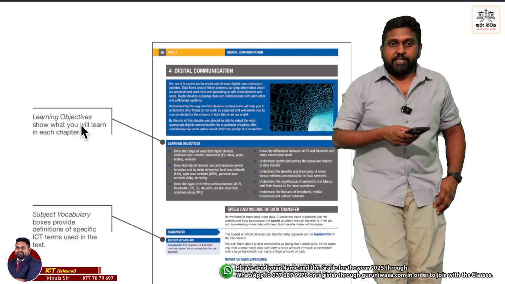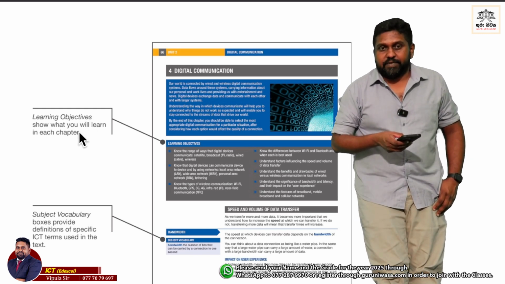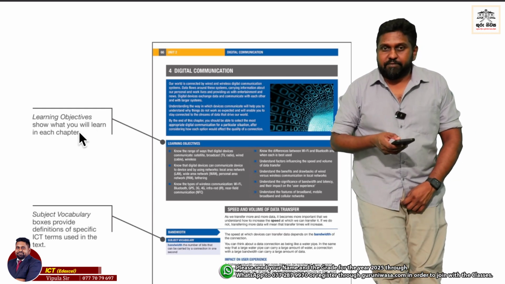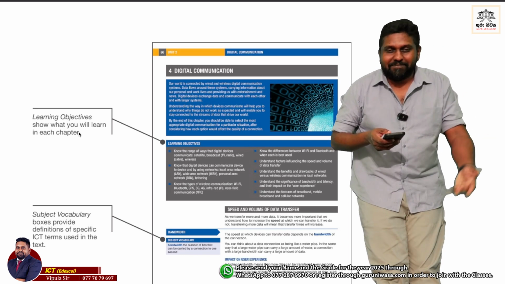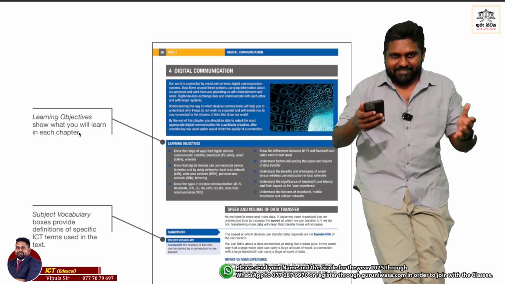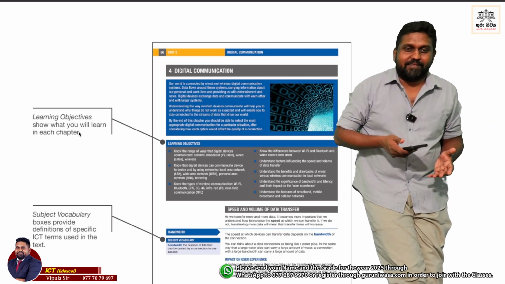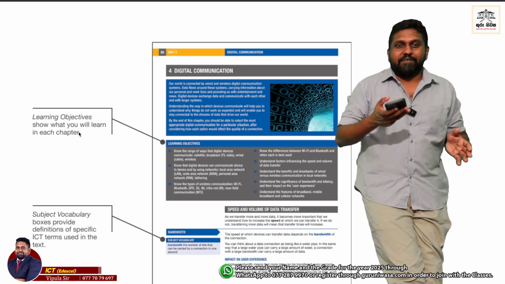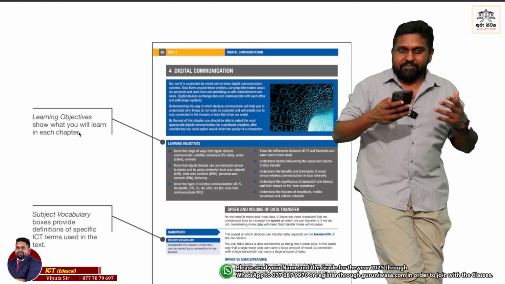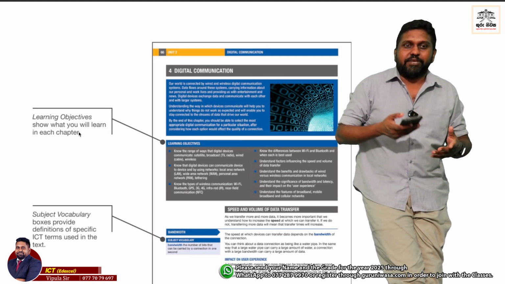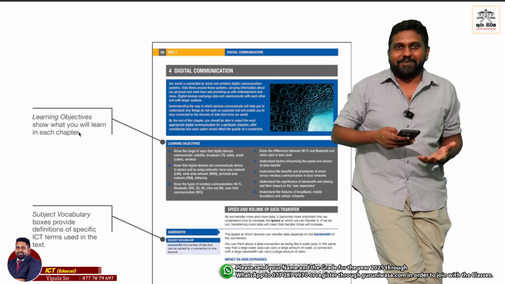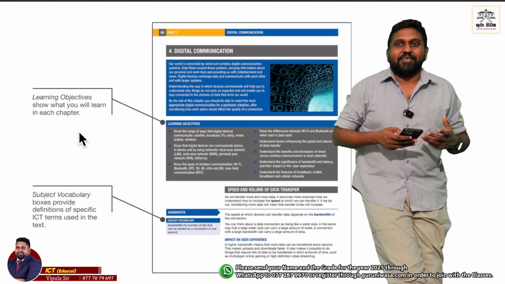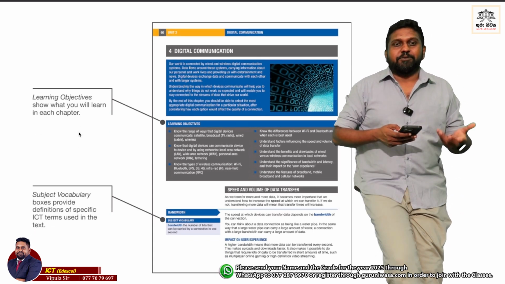The learning objectives are defined by the Edexcel syllabus itself, which asks you to make sure that once you go through this chapter, these are the points you need to learn, the objectives you should have learned at the end of the chapter.